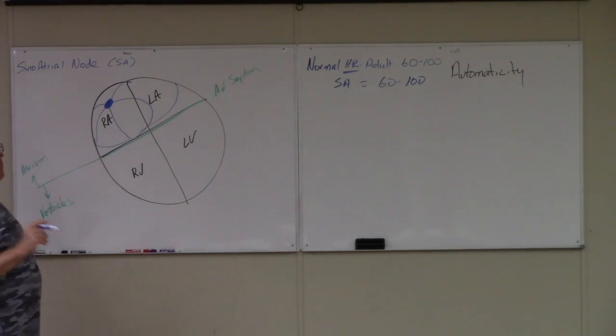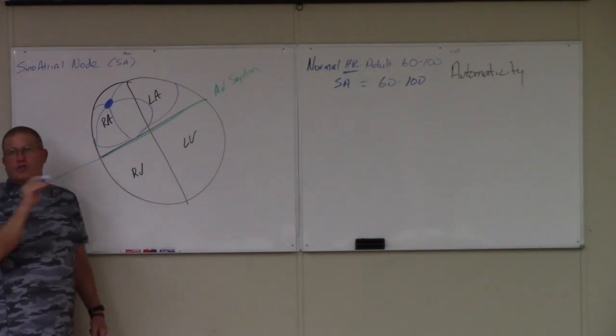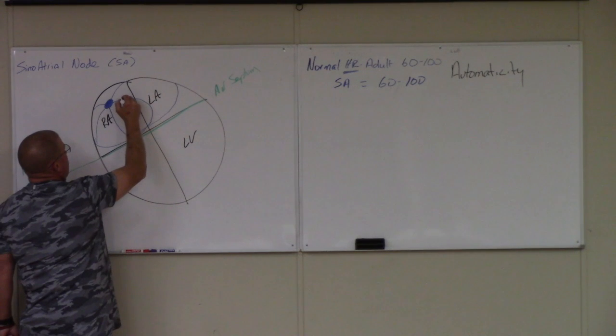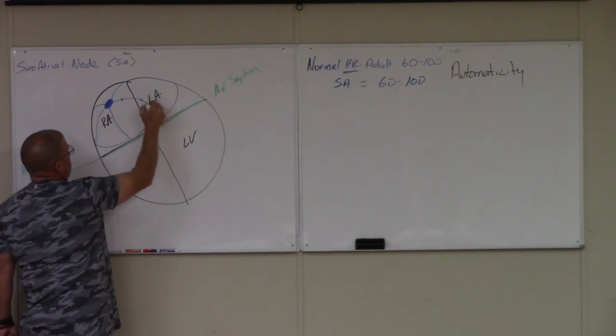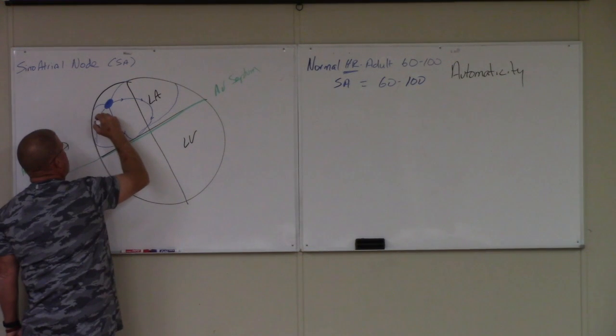As this impulse, or current, or charge, however you want to say it, is traveling out of the SA node through this, what's that muscle doing?